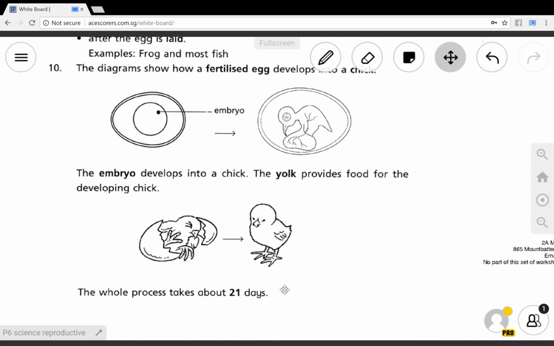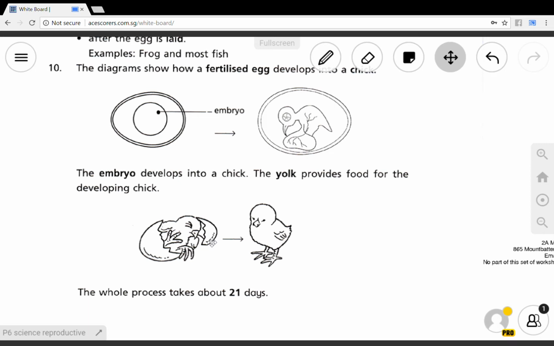Let's finish this. Okay, so the whole process takes 21 days. Now, from this concept, you also learn the concept that it takes time for the young to develop before they can emerge into the external environment.